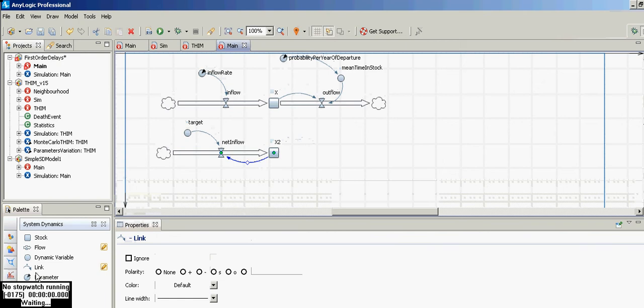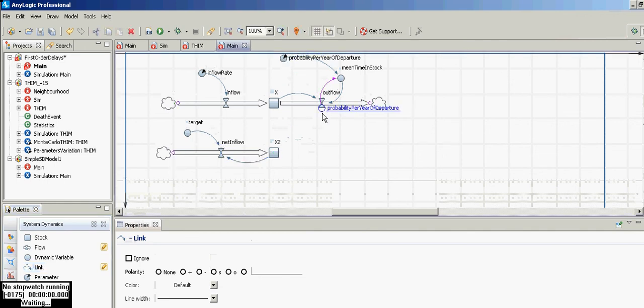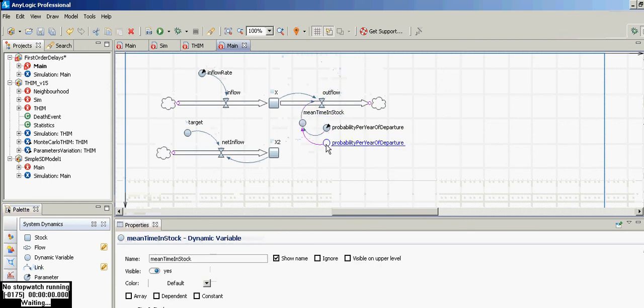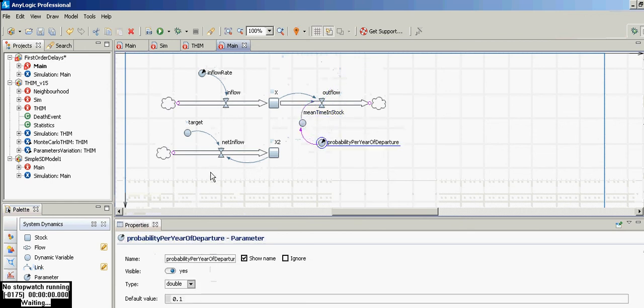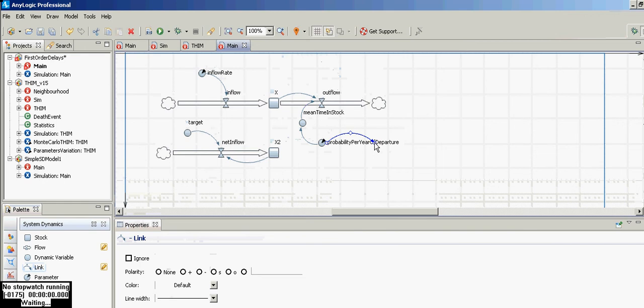And this is not being that pretty, but that will do, I guess. So we have a probability per year of departure, and I'm going to drag this around so it's clear for labeling that variable. Okay, so this will still depend on it, but so will net inflow.